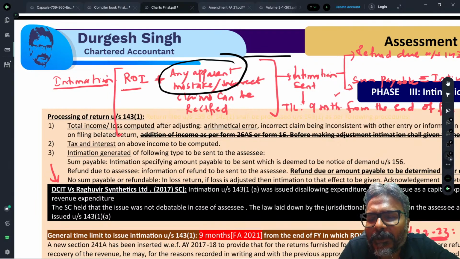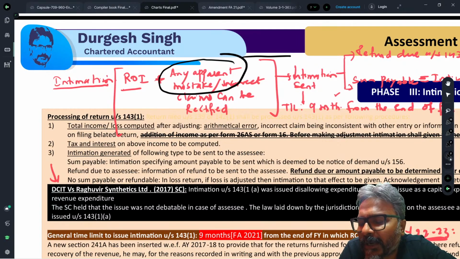Is this particular correction made by the assessing officer justified? The Supreme Court said yes, it is justified, because if you have overlooked a binding judgment of your High Court, then that return can be said to have an apparent mistake.